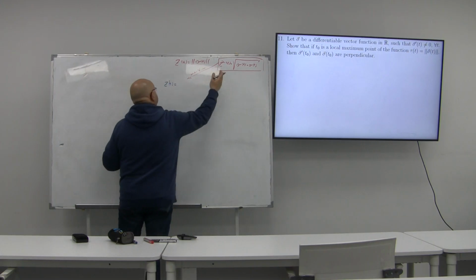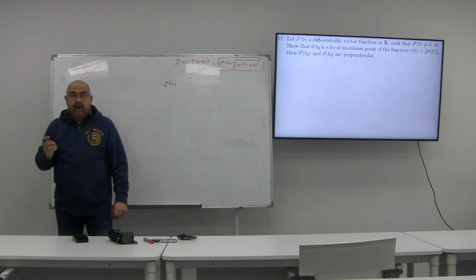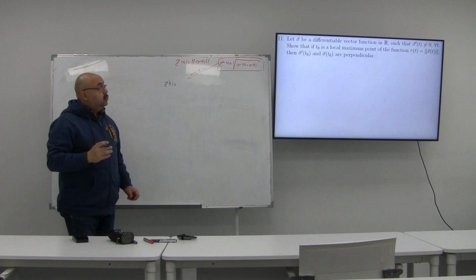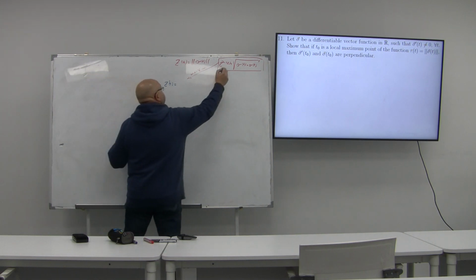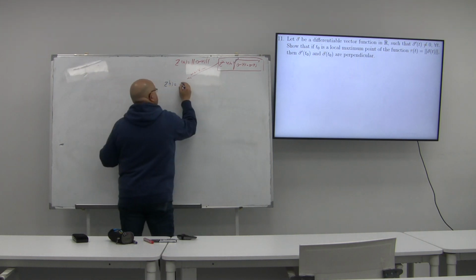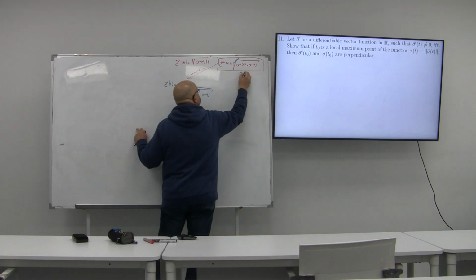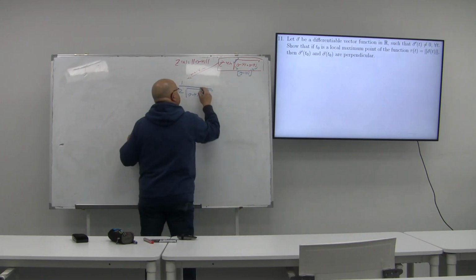So let's differentiate this function. We have a square root, where we have rho t times rho of t. Start differentiating. I will differentiate the square root first, which is going to be 1 over 2 of the root of rho t dot rho of t, which means rho of t to the power of 2. This is the function inside this bracket.